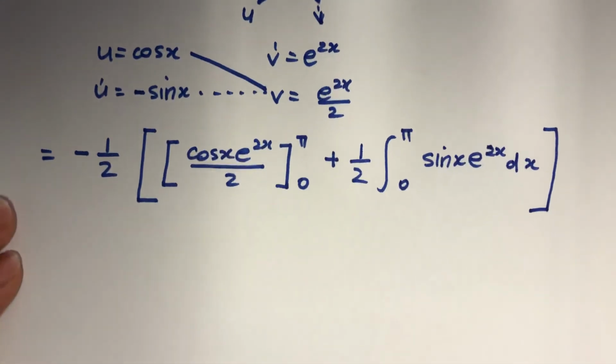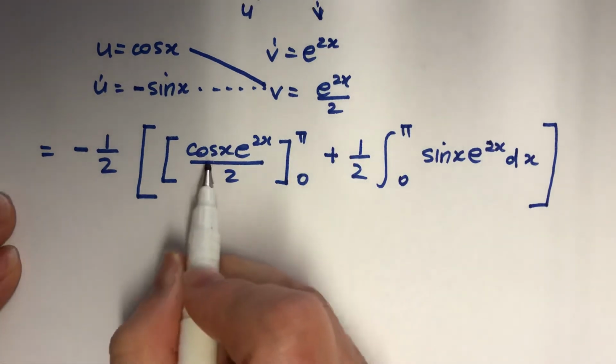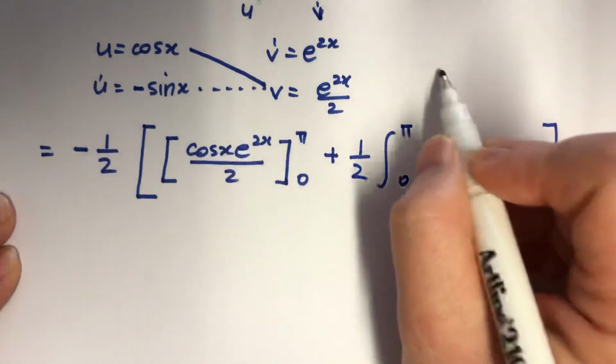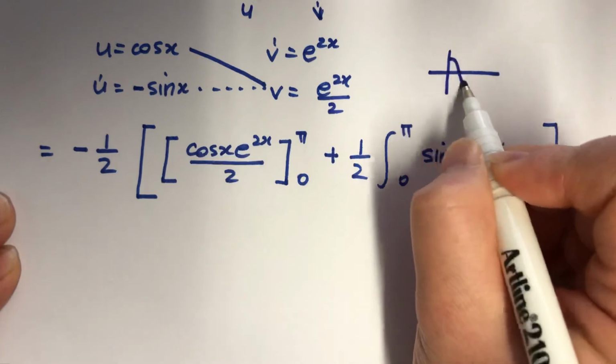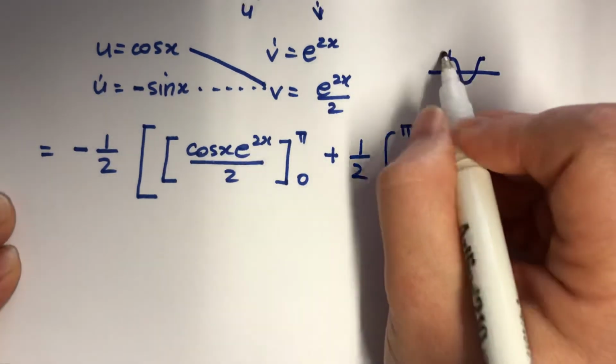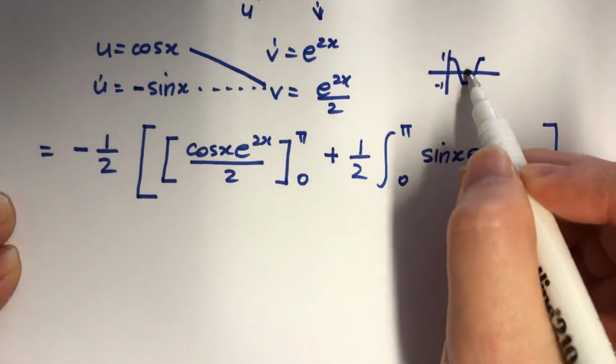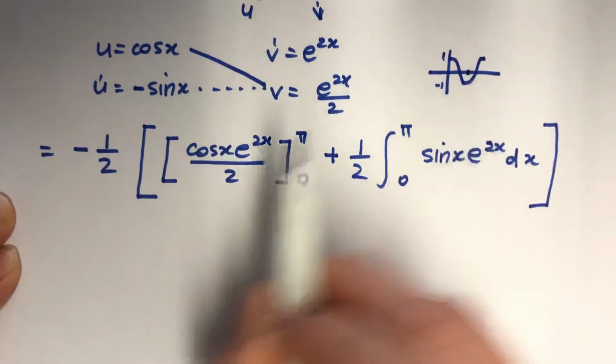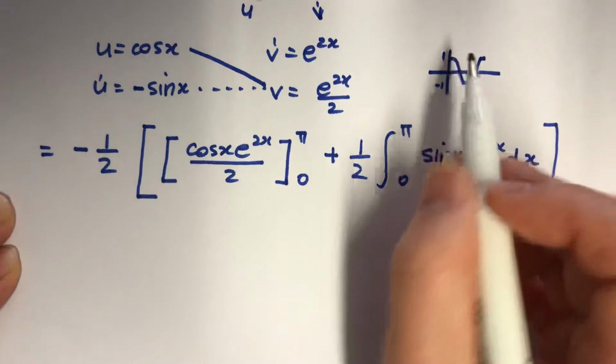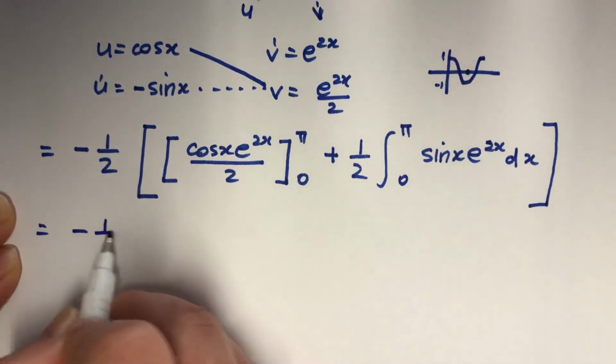Now let's have a look at this part inside. For cosine, it's 1 and minus 1. If I put pi there, it's minus 1, and 0 is 1. Be careful with that.